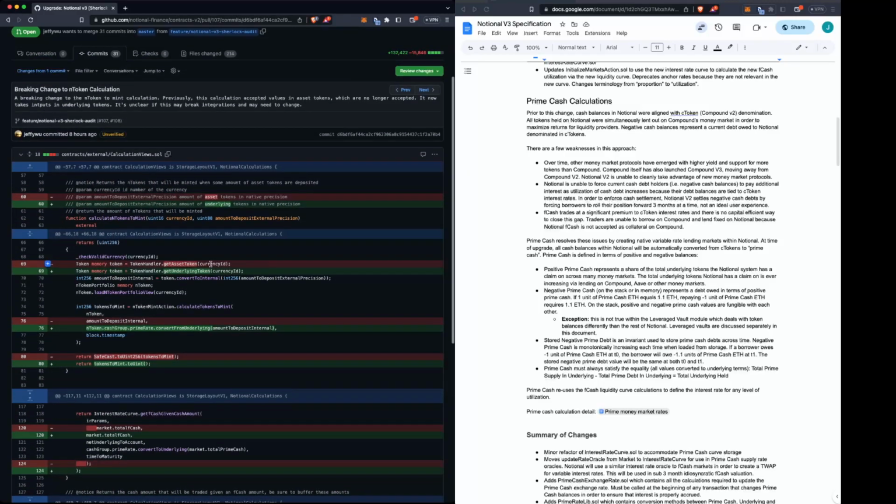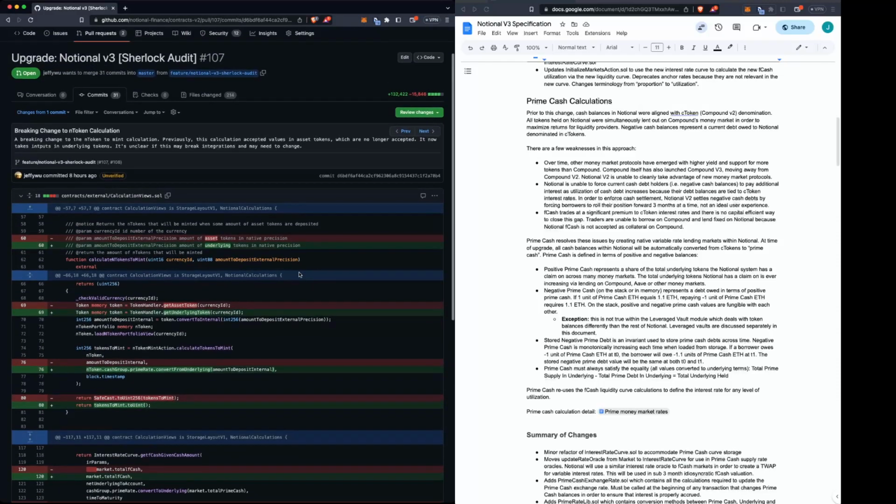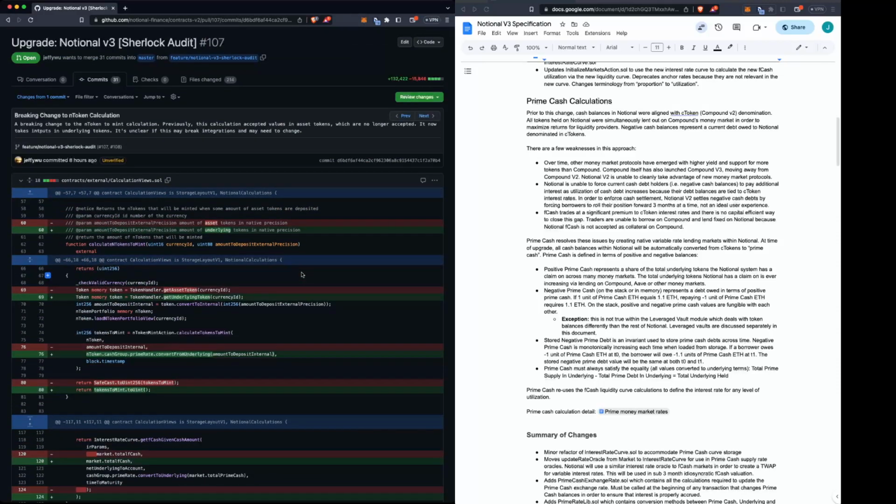There's a breaking change to the end token calculation, and this is something which we have here. We may flip this so that the prime cache value is supplied instead, but this is something that we'll be talking to some other protocols and getting a sense of what they want. But this is a change to a view function, and it's just called out here separately.